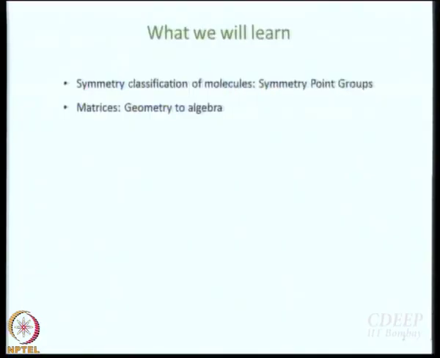Next, what we will do is this. When we talk about symmetry, we talk about turning things and reflecting things and then doing an inversion and all that. All that is geometry, right? Now geometry is not good enough for our purpose because you cannot go on drawing pictures all the time. So what we need to do is translate this geometrical understanding into the language of algebra.